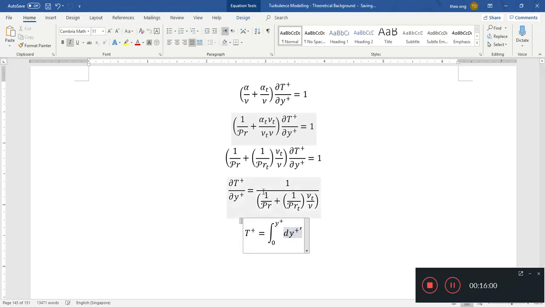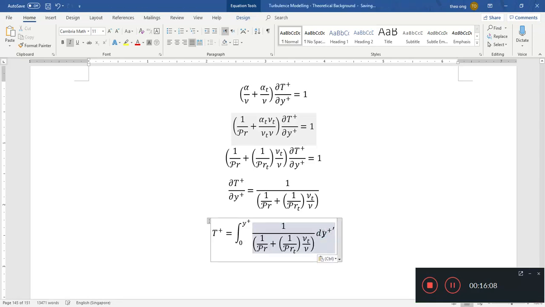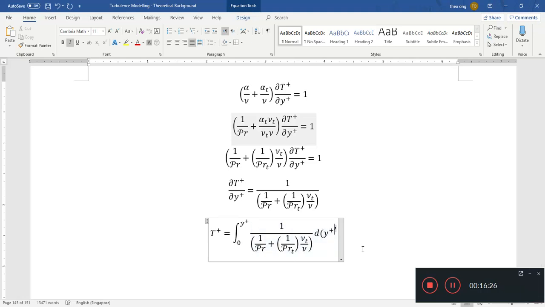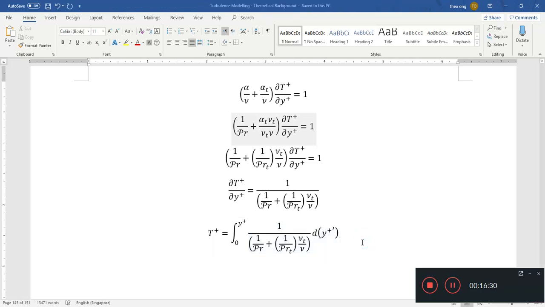So I'll use that as a dummy variable, because if you just integrate like this, mathematically, you understand what I mean, I hope, but it kind of doesn't make sense. So somehow you want to use this dy plus prime as a dummy variable.